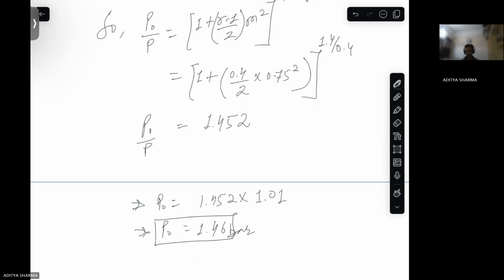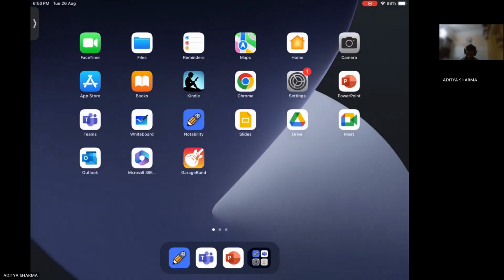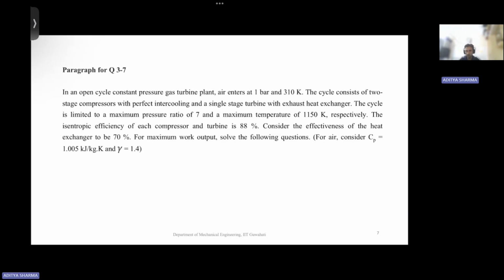So this is your answer, 1.46. Then let's move on to next question.